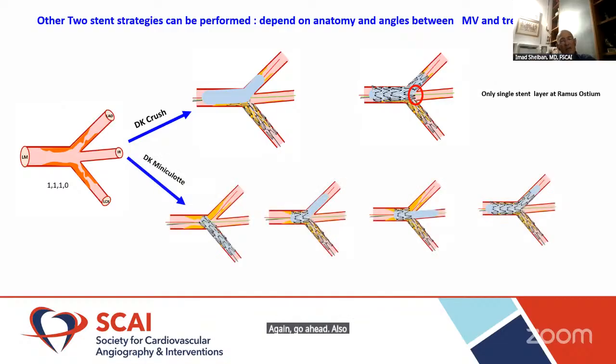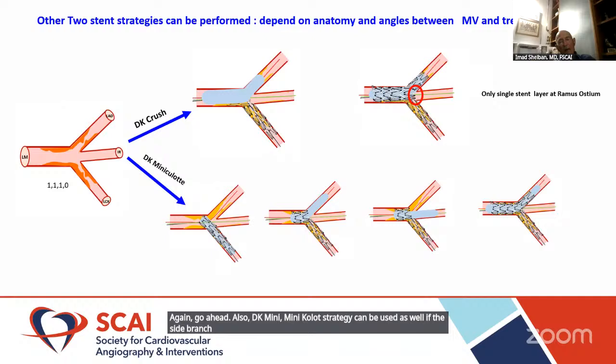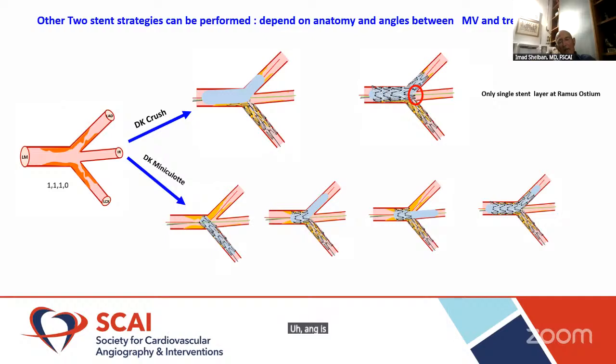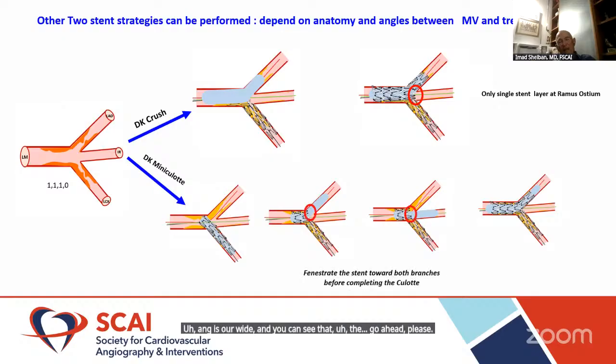Also, DK mini-culotte strategy can be used if the side branch angles are wide. The fenestrating of the stent should be done for both branches before completing the culotte stenting.